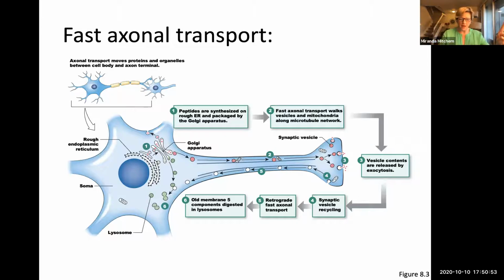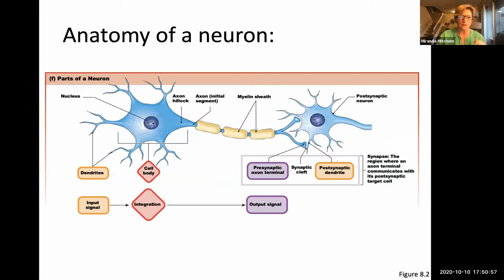Let's actually back it up to the previous slide where we can look at the axon. Here it is. Look, it's got those hot dog buns, the myelin sheath around it. That is layer upon layer upon layer upon layer of actual cell. It's actually cell that does that. We'll learn about what cell type it is.